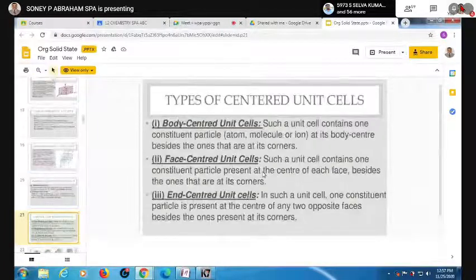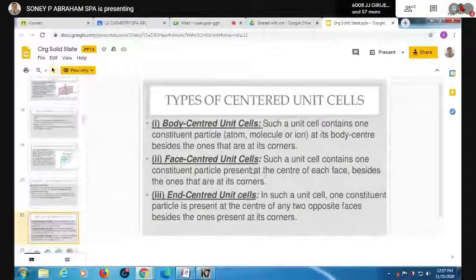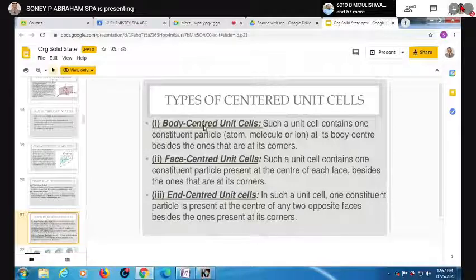And these centered unit cells can again be of three types: body centered, face centered, and end centered. As the name indicates, if a unit cell has constituent particles at all the corners as well as at the center of the body, then it is known as a body centered unit cell.